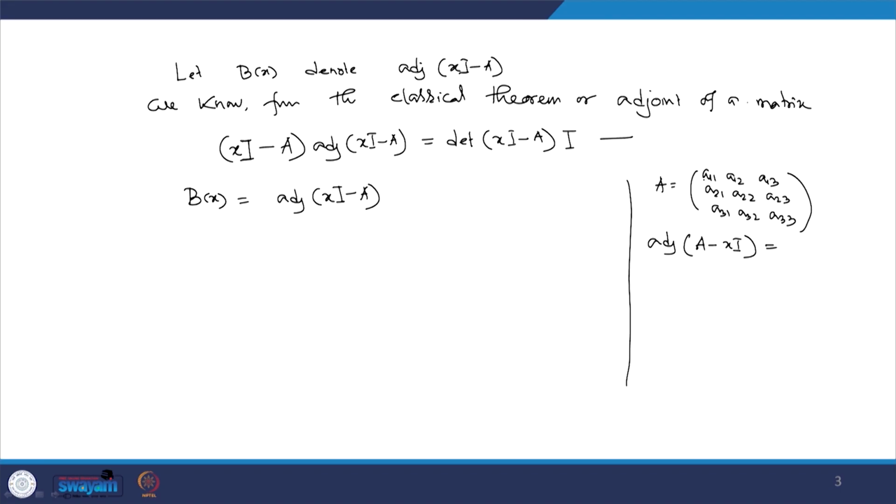That is basically the adjoint of A minus xI, the definition of the adjoint matrix we have learned.